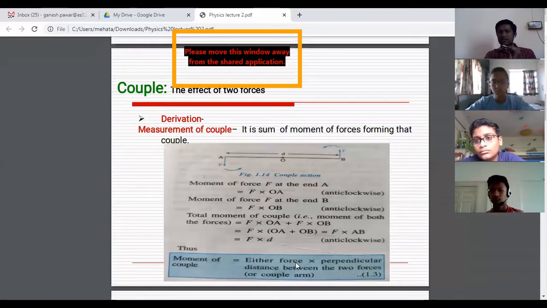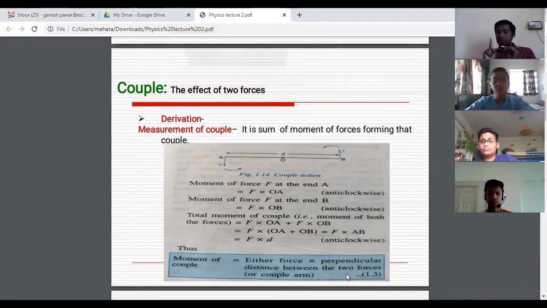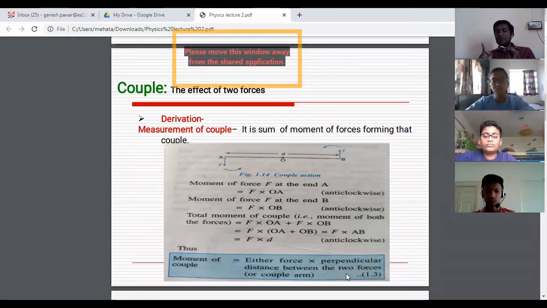So therefore, your formula for moment of couple will become magnitude of either force, any force, because both the forces are equal and opposite, into the perpendicular distance between what? Two forces. You can see the difference between moment of force and moment of couple. When you calculated the moment of force, it was the perpendicular distance between the axis of rotation and the line of action.